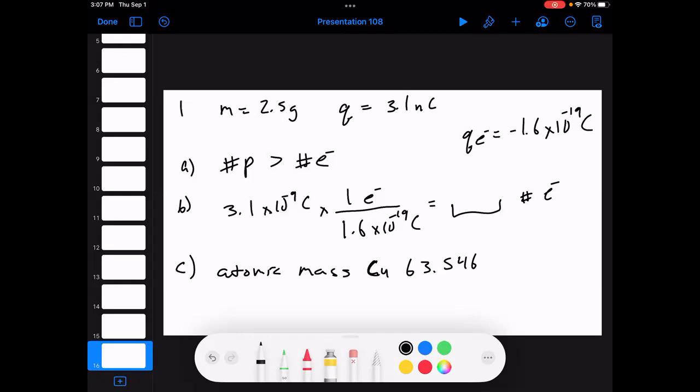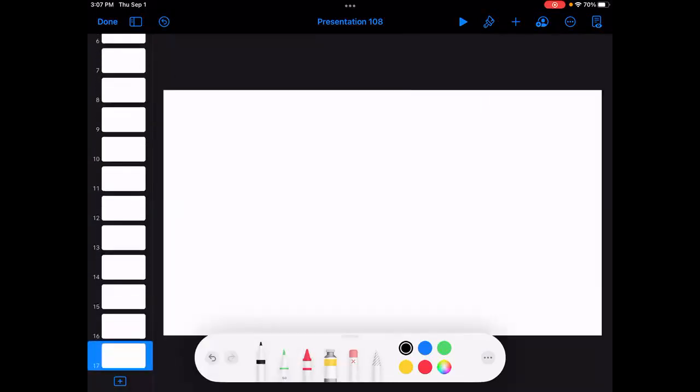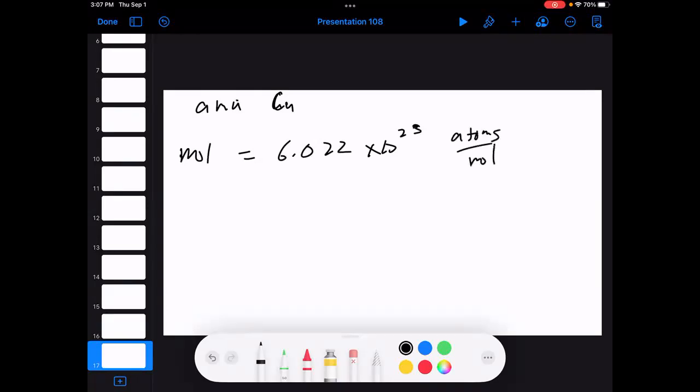I'm gonna have you come write that on the board. Walk me through this really quick. So you have moles, 6.022 times 10 to the 23 atoms per mole, right? And then you have the mass of the penny.